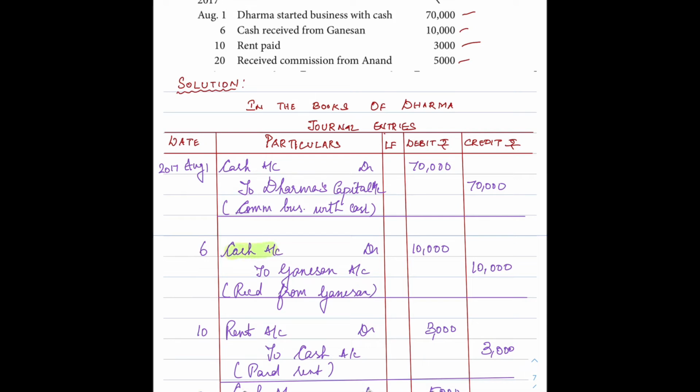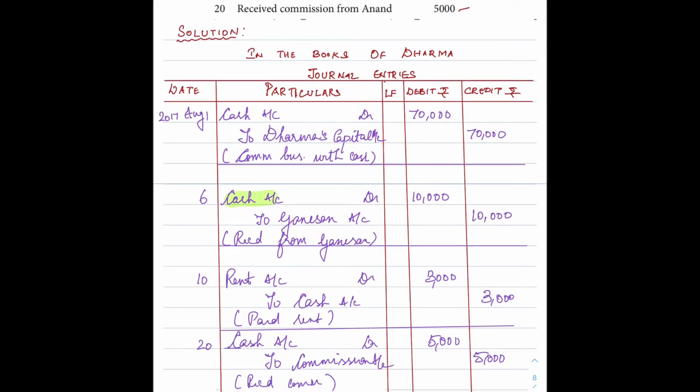Cash comes in, and here also the giver is Ganeshan, so I am crediting Ganeshan. The amount is 10,000. On the 10th, rent is paid. Rent is nominal, so debit all expenses and losses, and cash is real, so credit what goes out. This is very simple.